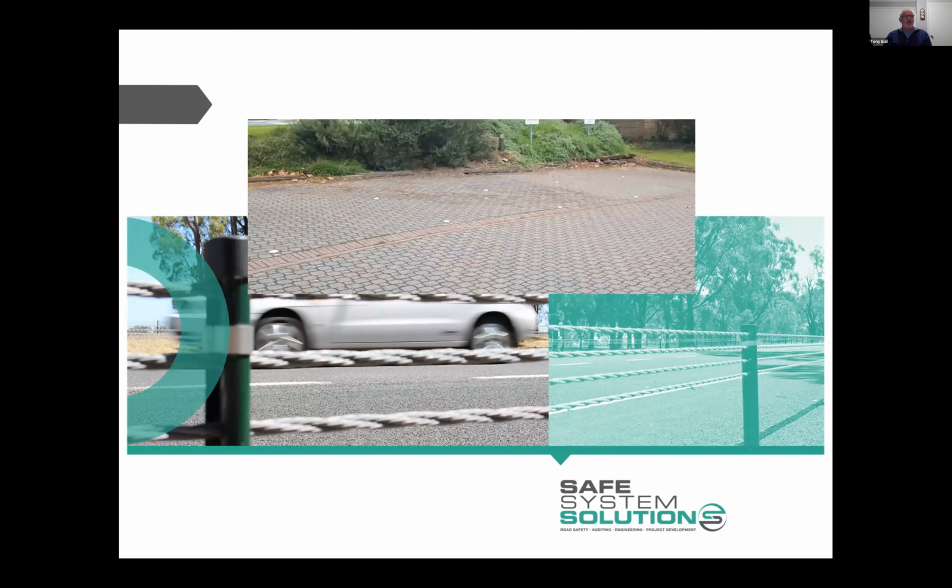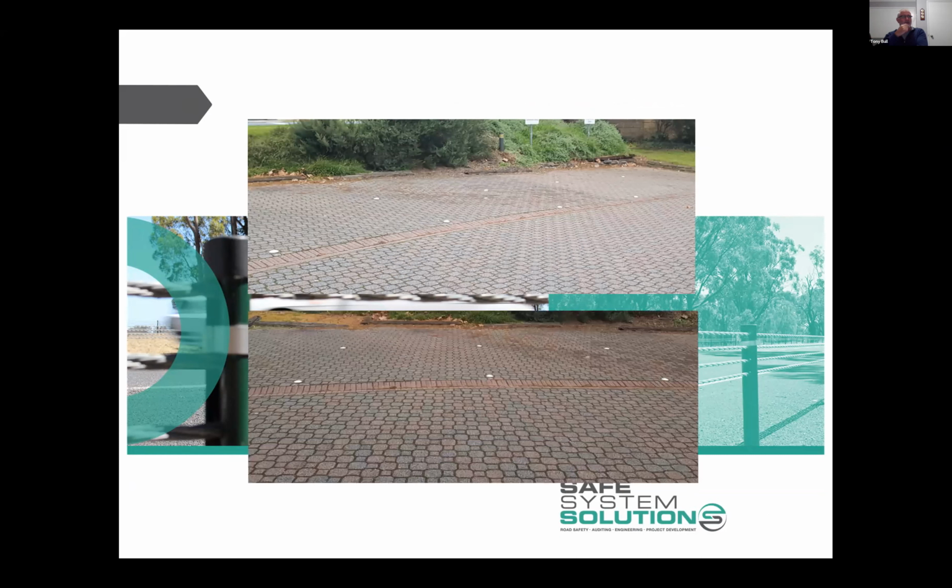So looking at road safety, this is a car park at my office here in Warrnambool. We have dots that depict where the car should park, and you look at those dots, and I always thought this is just 90-degree parking, but is it? It could be 45, or it could be 90 based on the dots.